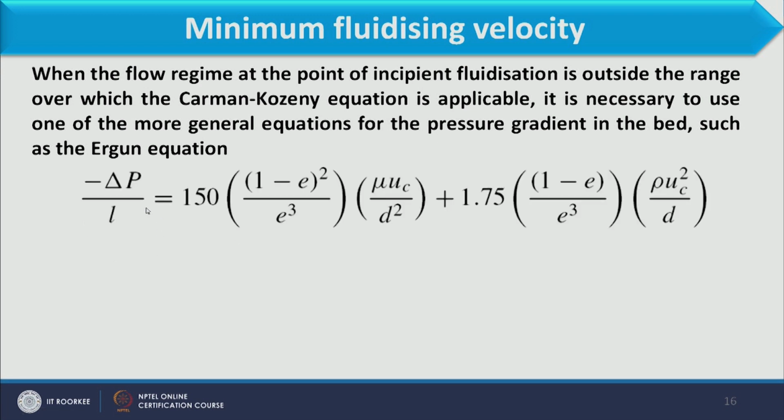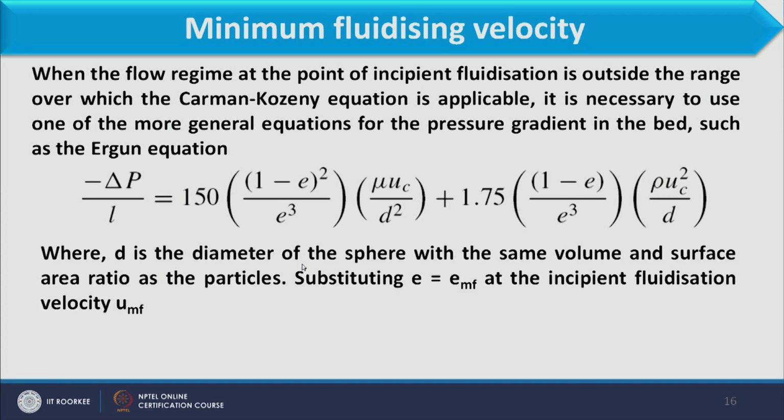Ergun's equation denotes the pressure drop across the bed, and the whole equation is like this, where d is the diameter of the sphere with the same volume and same area ratio as the particle. So the diameter should be equal to the diameter of a sphere having the same volume and same surface area as the particle.